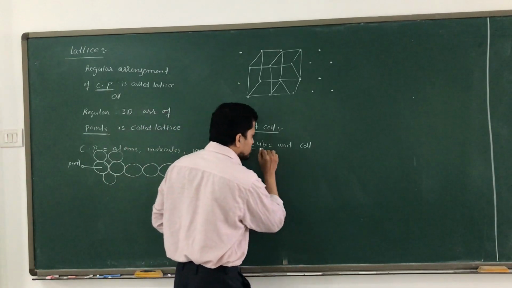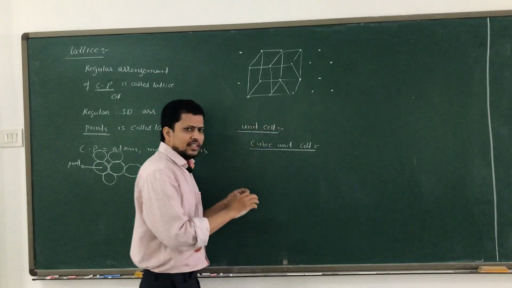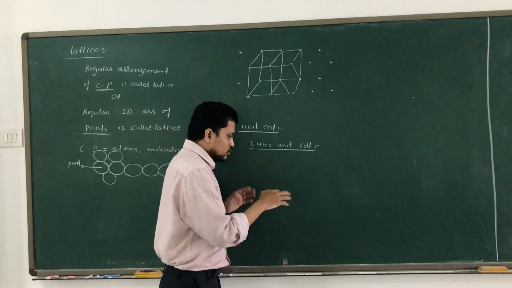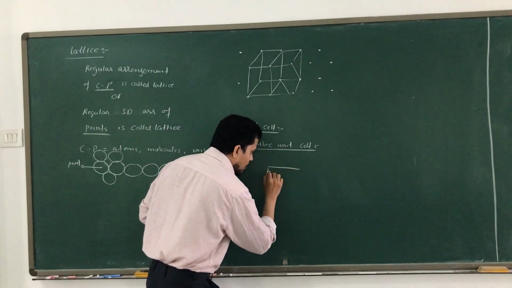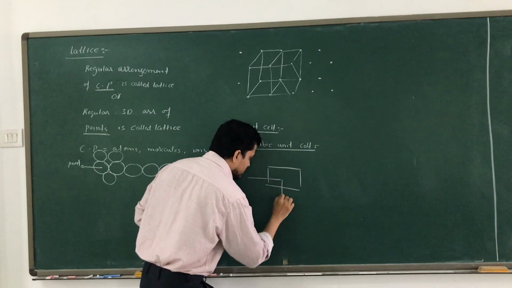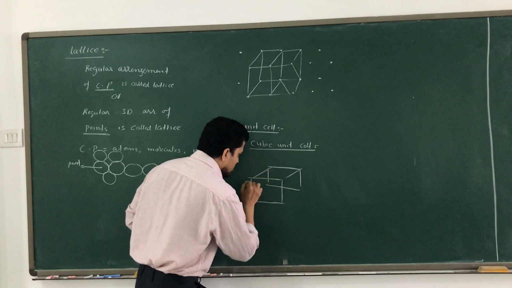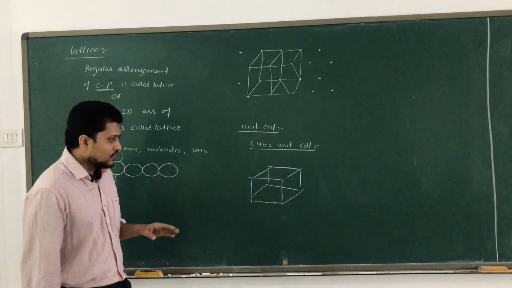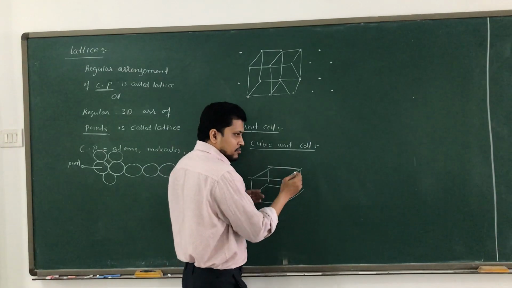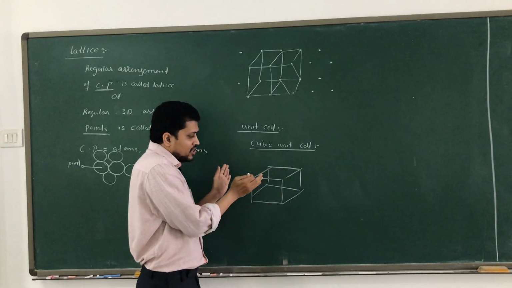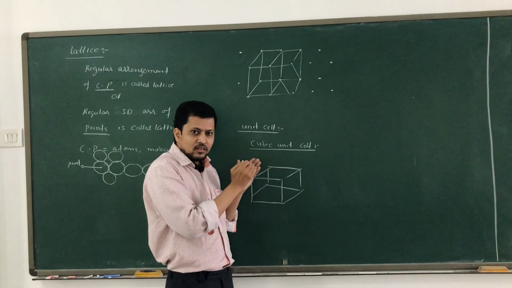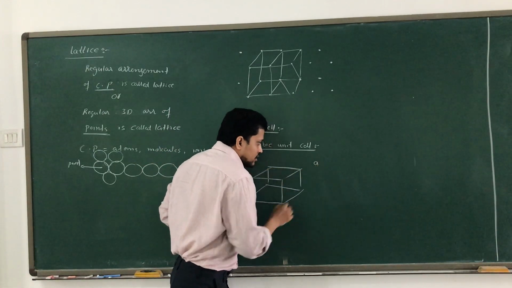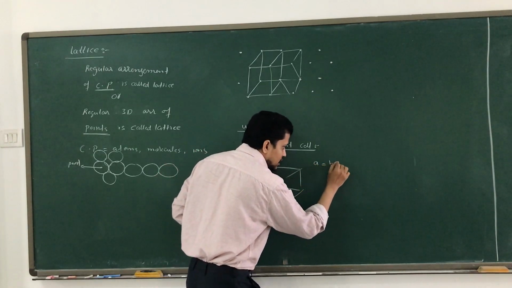So the cubic unit cell is like a cube. To make you understand, I am just drawing a cube. This cube is going to be one unit cell, suppose. What we have in this cubic unit cell is length, width and height: a equals b equals c.